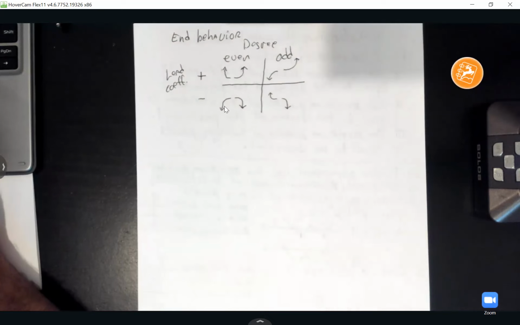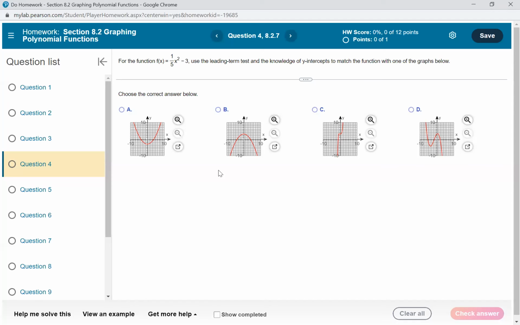So now let's go back to the math lab. And notice I got a U-shaped graph, one that's flipped over. C is going uphill left to right, and D is going downhill left to right. So I'm looking at my degree, which is a 2 for this one. I got an even degree. So then I look at the 1/5, which is the lead coefficient.